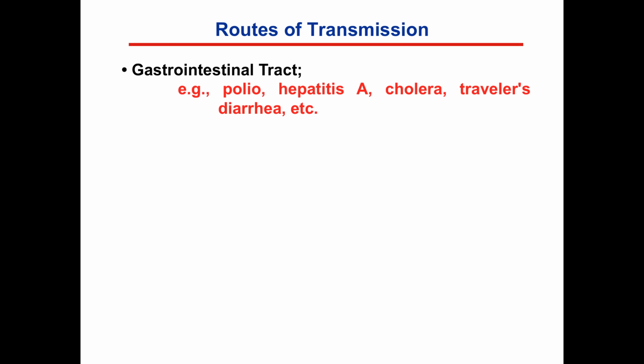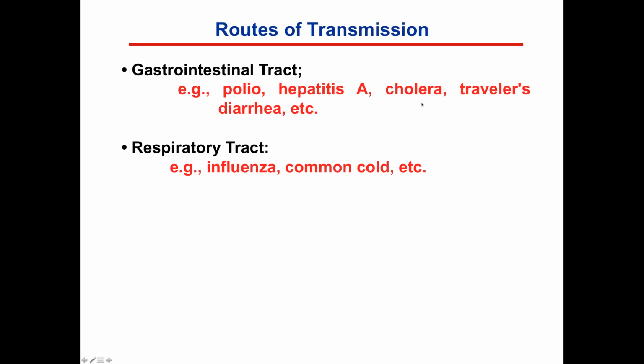Polio is an oral fecal route and was mainly passed on by the oral fecal route, particularly among young children. And cholera is also an oral fecal route.